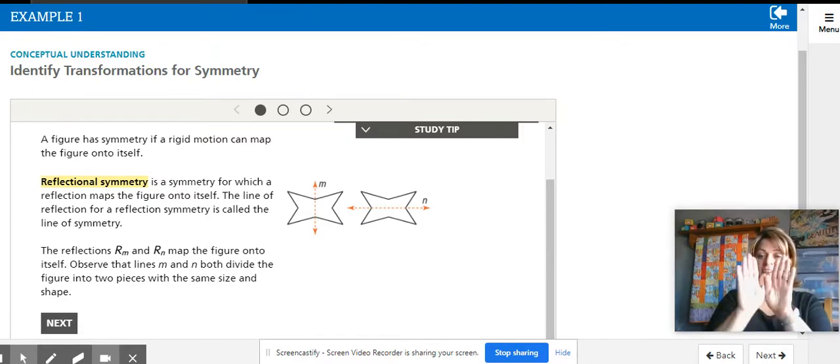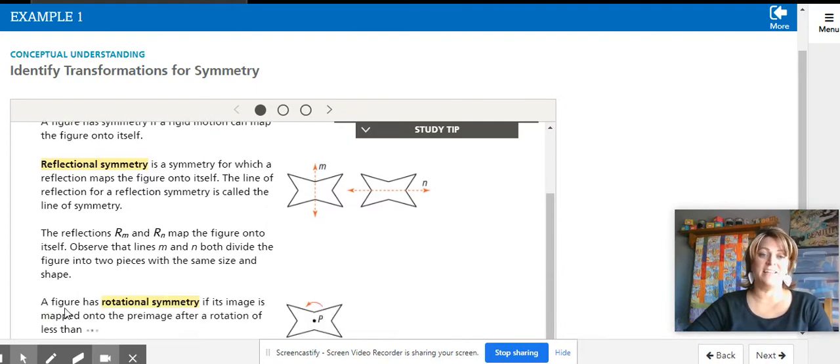It's the reflection of itself, and it results in the original figure. Or you could do it this way. Here's the mirror, or line of reflection. It's perfectly horizontal. Keep in mind that lines of reflection do not have to be perfectly horizontal and vertical. Okay, so these are the reflections, or the lines of symmetry, that would map it onto itself.